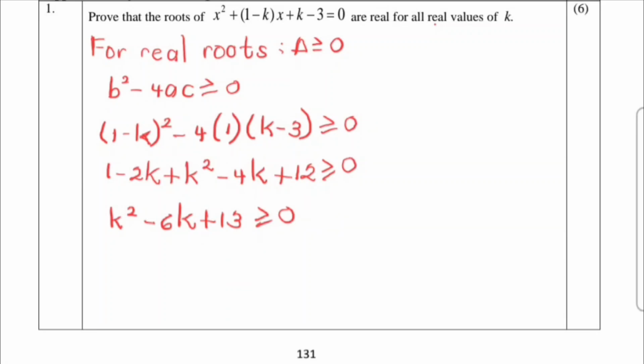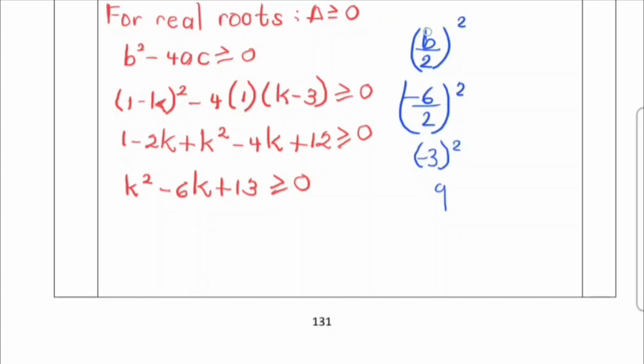So the question didn't actually ask us to solve for k. But instead, we need to prove that the roots will be real for all values of k. So they will always actually exist. What we can do is, we can change the format of this trinomial from being in standard quadratic format to getting it in the format that we would have after completing the square.